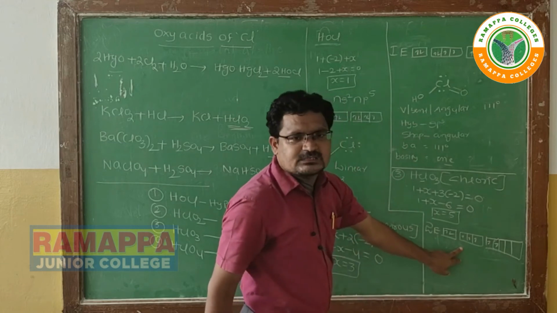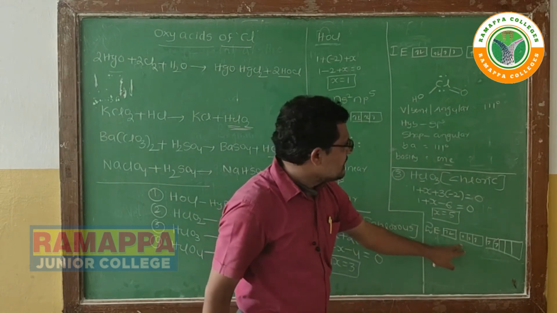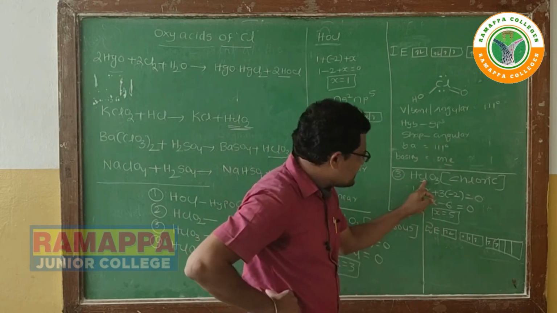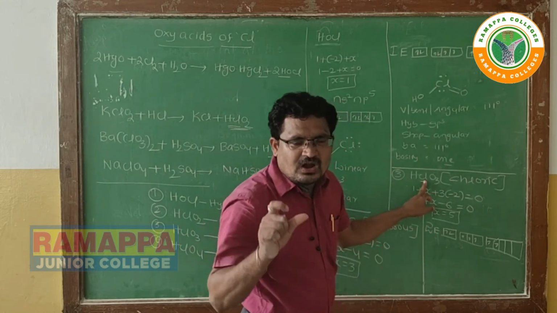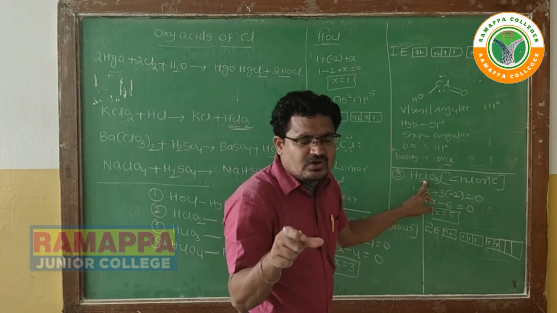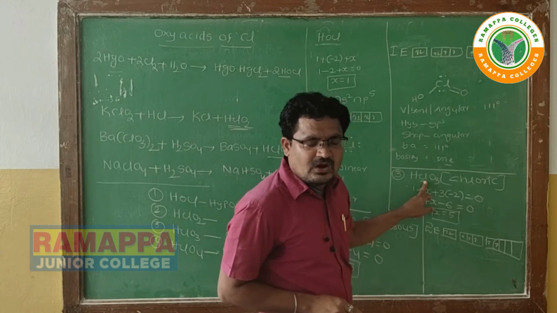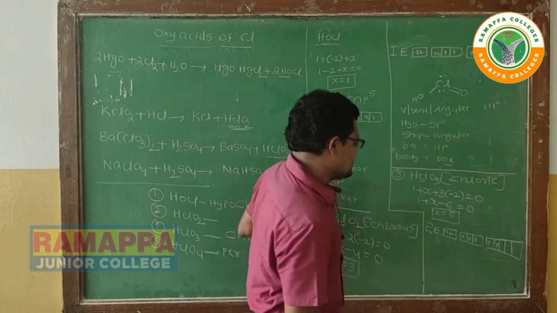But it is not sp3d2 hybridization. It is also sp3 hybridization. How many chlorine is there? 1 chlorine means 1 unpaired electron. That 1 unpaired electron is in which excitation state? Ground state. That's why it is only sp3 hybridization.